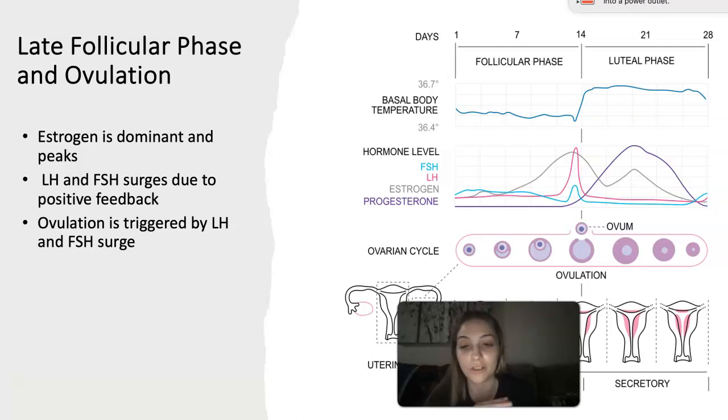Ovulation causes the follicle to rupture and releases the egg near the opening of the fallopian tube. And that ovulation is triggered by those surges. To the right, it's just a little picture diagram of the hormone levels changing throughout the cycle.